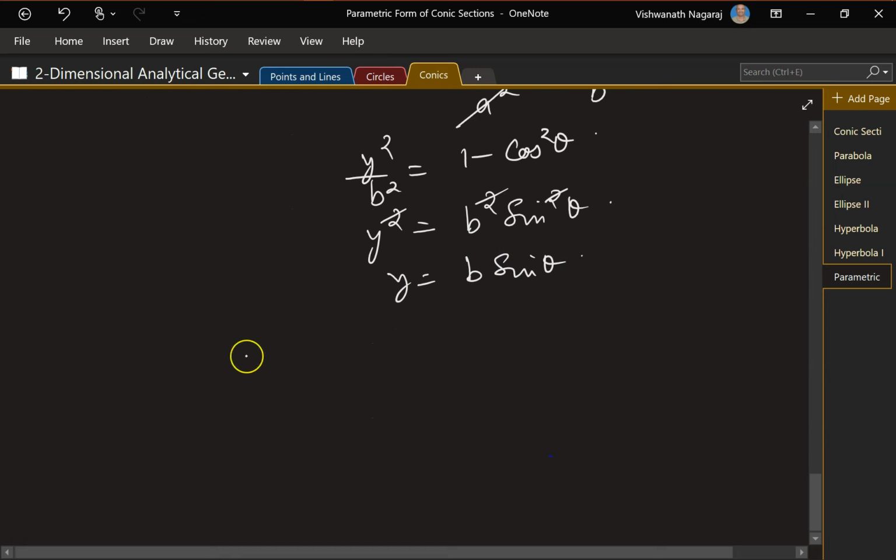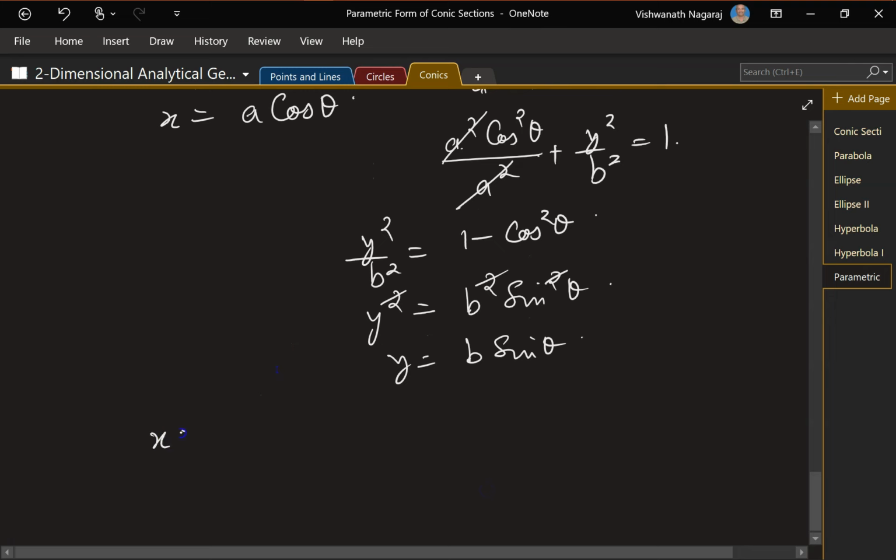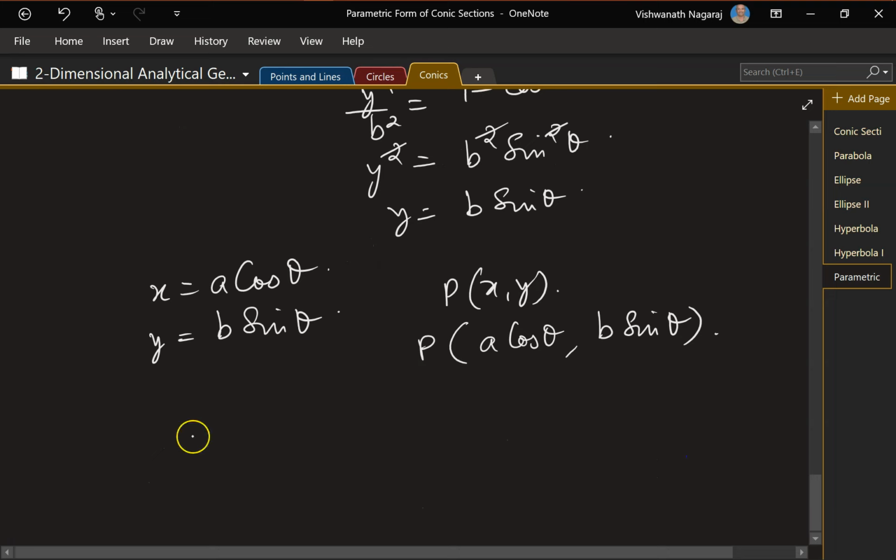So the parametric form of ellipse is x equal to a cos theta, y is equal to b sin theta. So the position of a point P on the ellipse can be written as a cos theta, b sin theta, and proving it is very simple.